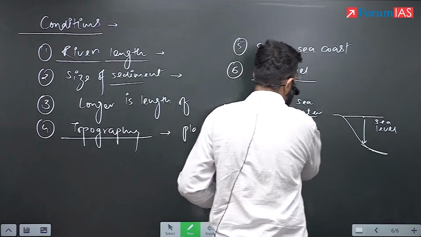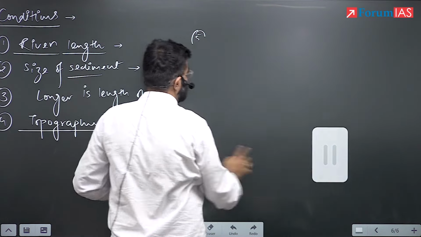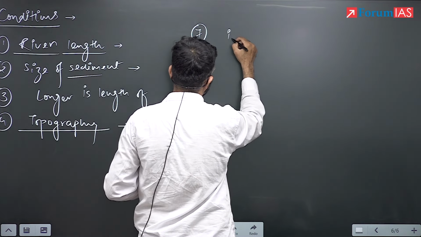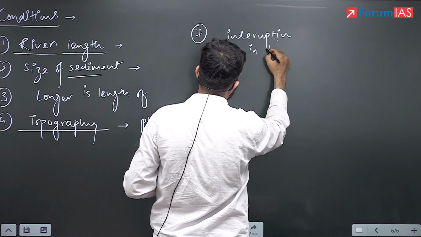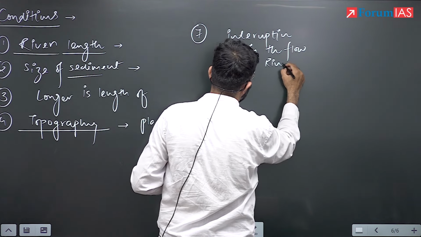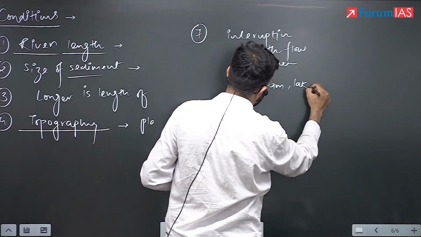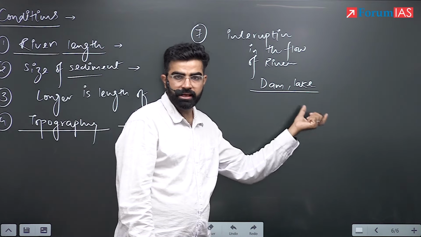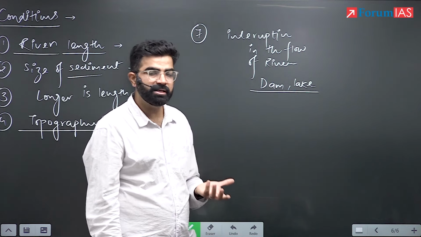Next factor is, we should not have any interruption in the flow of the river. For example, there should be no dam or lake in the flow of the river. Otherwise, much of the sediment load will be dropped in this dam or lake, and therefore delta formation will become very difficult.